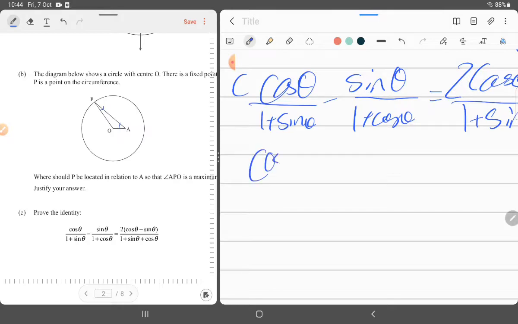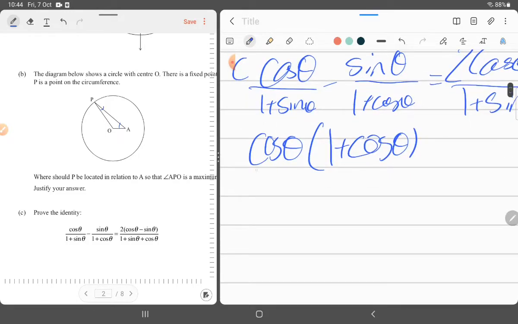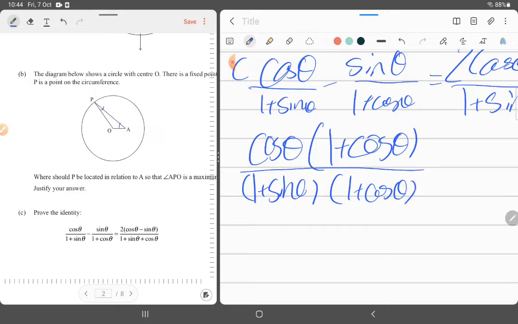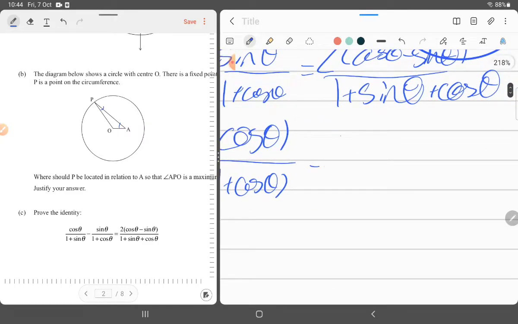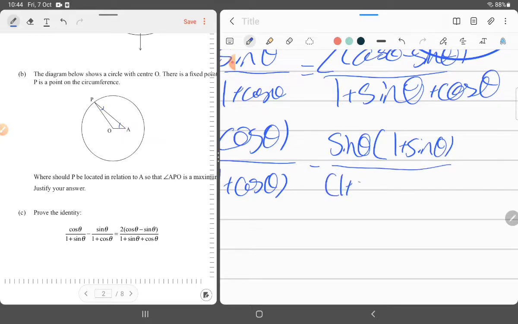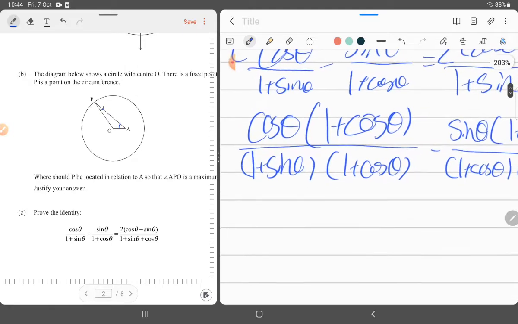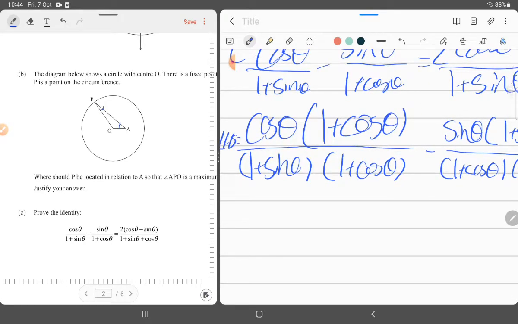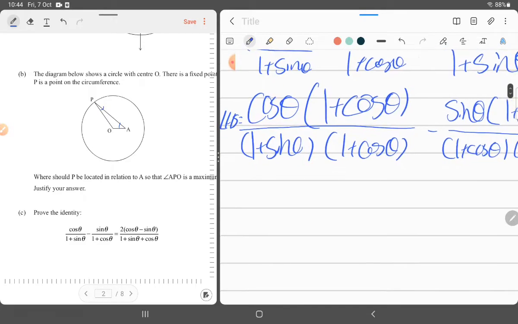So cosine theta times 1 plus cosine theta over 1 plus sine theta times 1 plus cosine theta, take away sine theta times 1 plus sine theta all over 1 plus cosine theta times 1 plus sine theta. Let me just say the left hand side is equal to this. So let's expand that out.